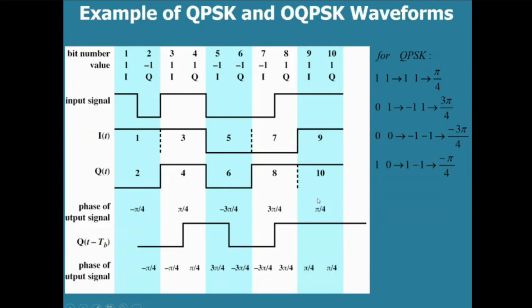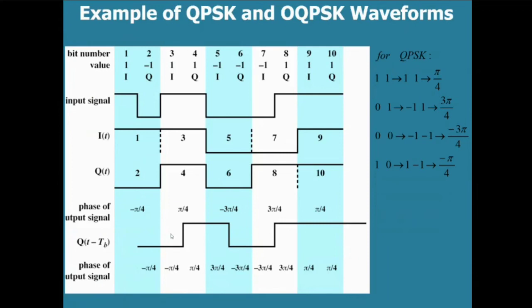So here this is a very important diagram. You can explain your quadrature phase shift keying using a bit splitter, dividing the component into odd sequence and even sequence, and you assign the phase angle plus or minus 45 degree and plus or minus 135 degree. And this is for offset, Q of t minus, there is a one bit delay, right? In the block diagram itself, we can include one delay, in the quadrature component alone, not in the in-phase component.